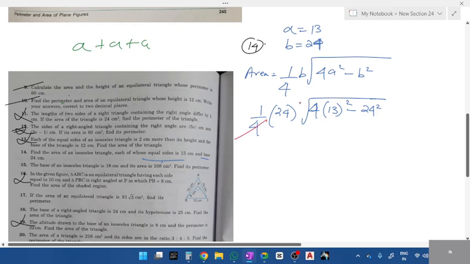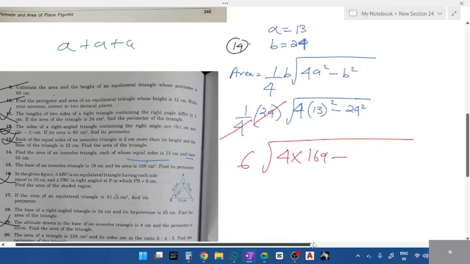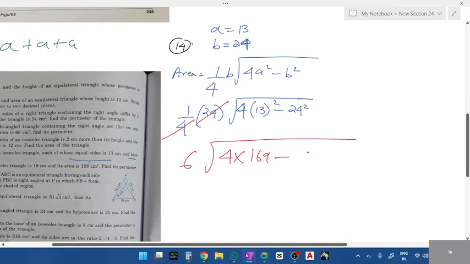So 4 ones are 4, 4 sixes are 24. What is 13 square? 169 minus 24 square, 576.